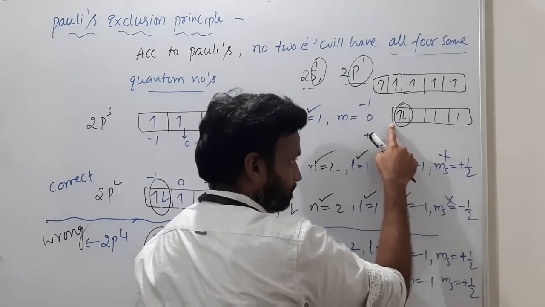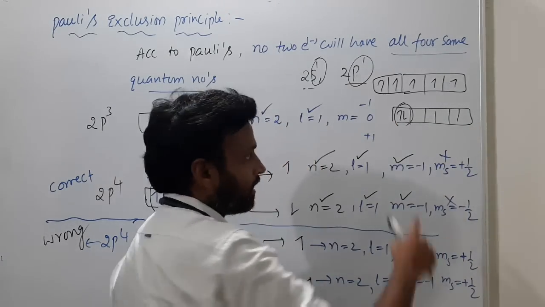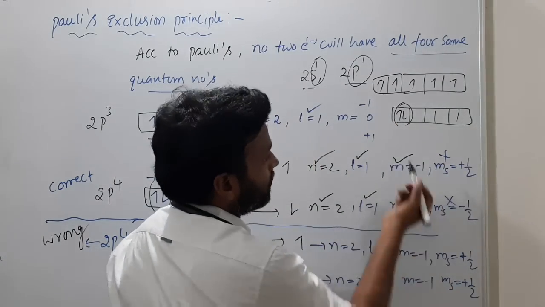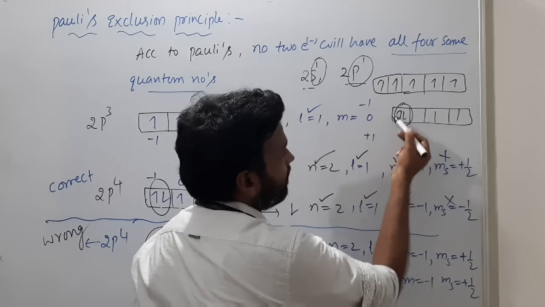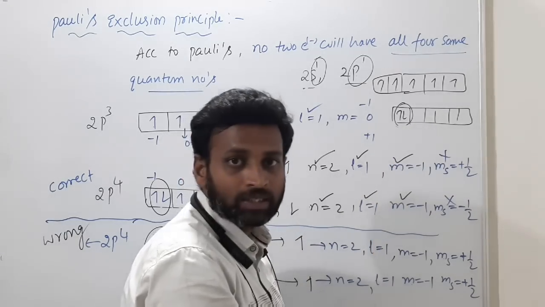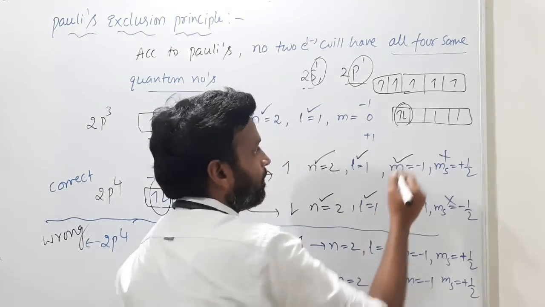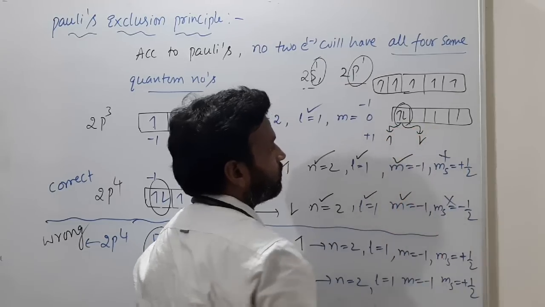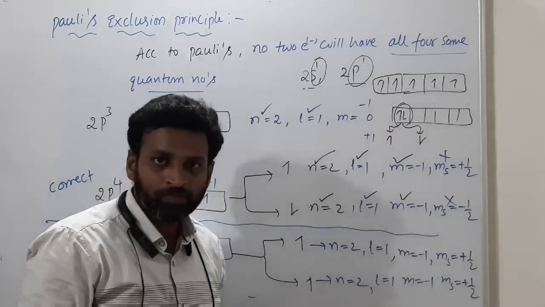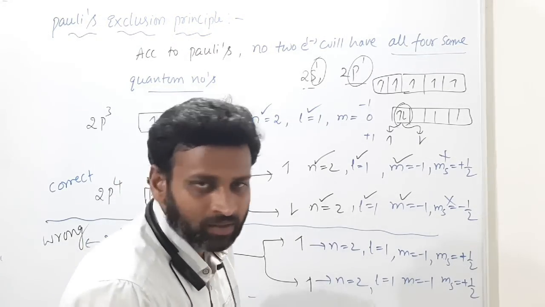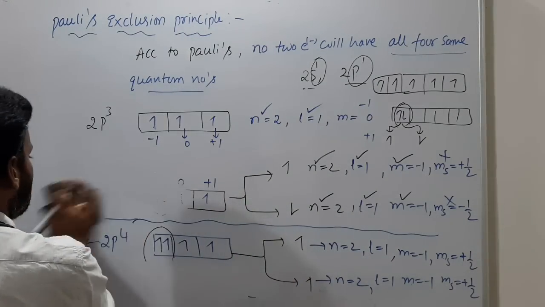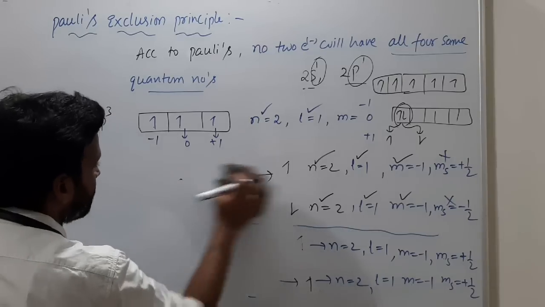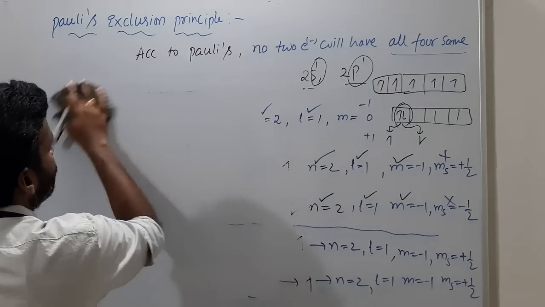They belong to the same subshell and the same shell, and they are present in the same degenerate orbital. That means the magnetic quantum number is also the same, but spin is different. One electron upwards and one electron downwards. In that way you can find the difference in particular electronic configurations.